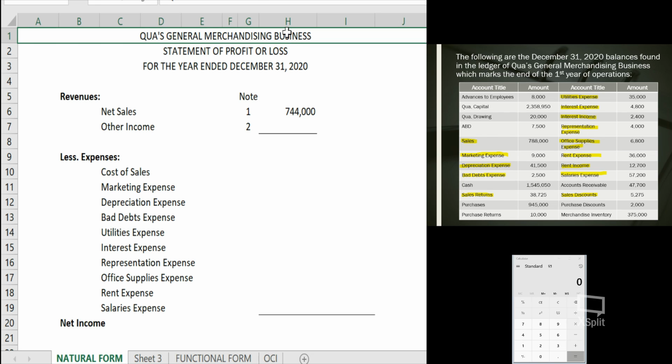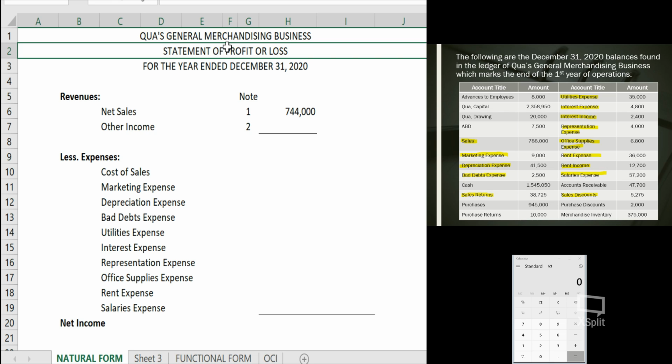Makita nyo dito, Kuwa's General Merchandising. So, merchandising ang operations ng business. Okay? Okay. So, which that just means na the primary source of income is through selling goods, through selling merchandise.